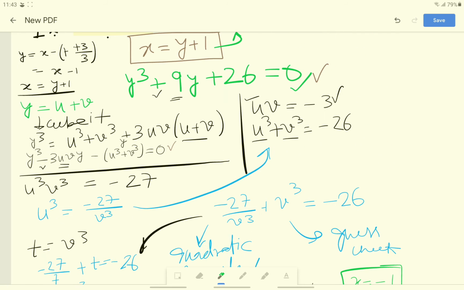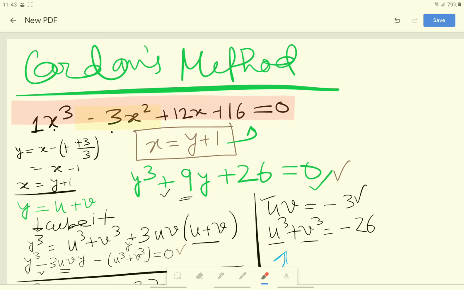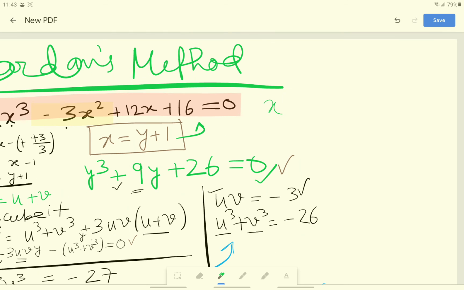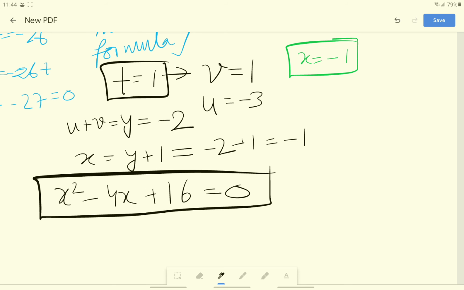As minus 1 is a root, the whole polynomial is divisible by x plus 1. If I divide by x plus 1, we get a quadratic equation. I will not go through all the process. The quadratic equation is x squared minus 4x plus 16 equals 0. You can check it by division.